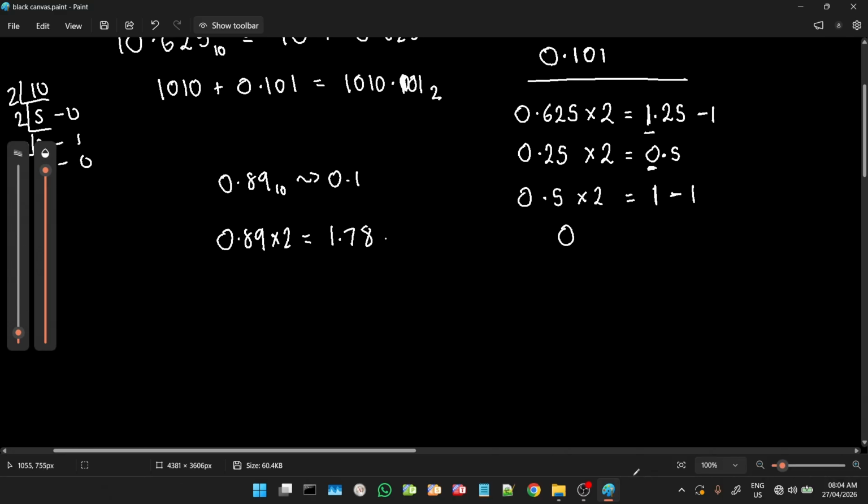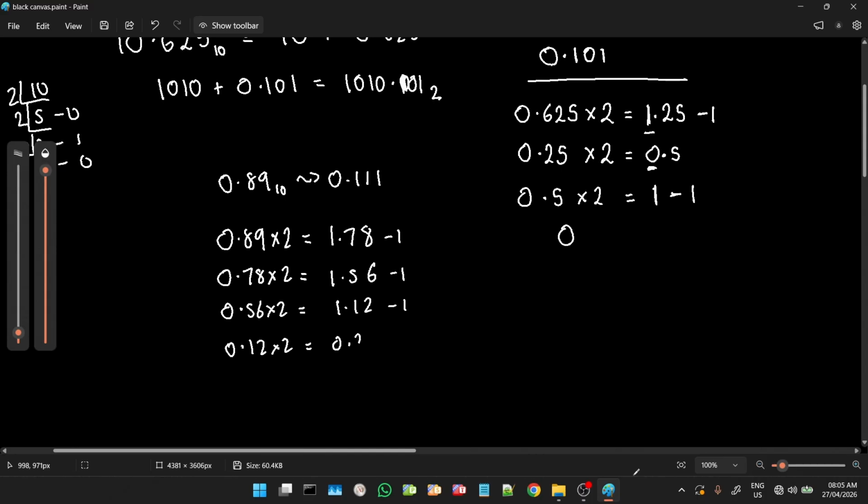Good, you're going to get a 1, subtract the 1. 0.78 times 2 is 1.56, record 1. 0.56 times 2 is 1.12. 0.12 times 2 is 0.24. Since there is no value, we don't have to record it.